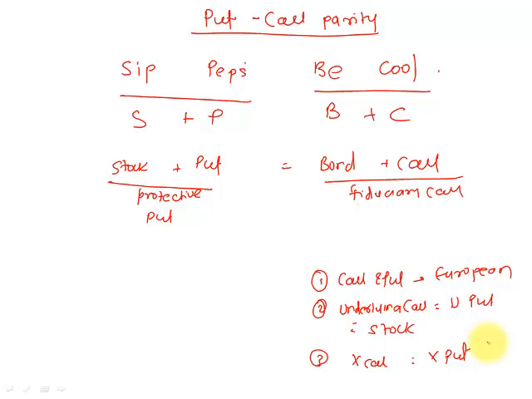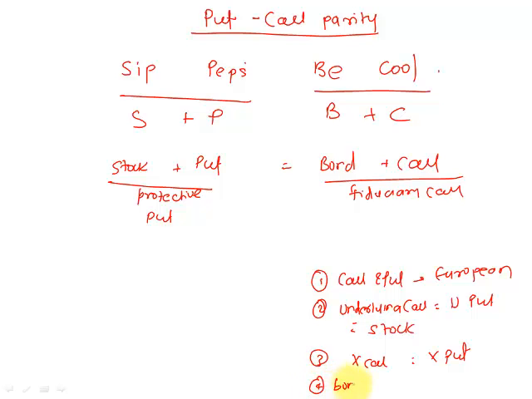If you have a stock of L&T, you will have a put option on L&T and a call option on L&T. The underlying asset of the call is the same as the underlying asset of the put, which is the same as the stock under consideration. Clear? Then the strike price of call should be the same as the strike price of put.